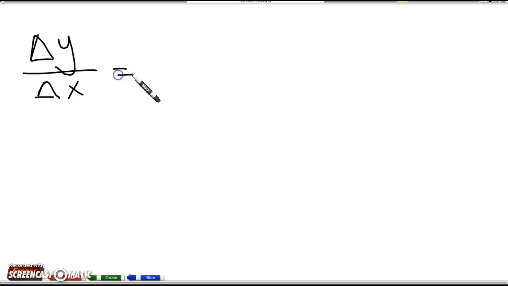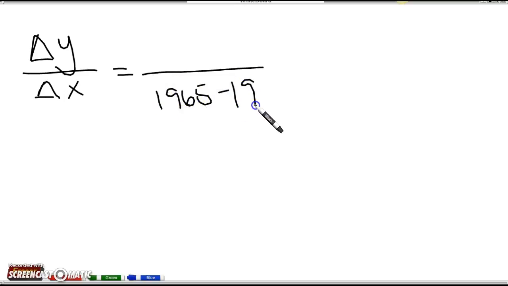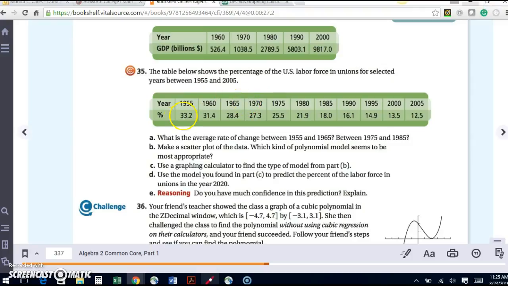So let's write it here. I'm going to do my change in y over my change in x. And the x are those independent values, which are my dates. So that would be the 1965 minus the 1955. And the percentage of U.S. labor force in unions would be right above that.